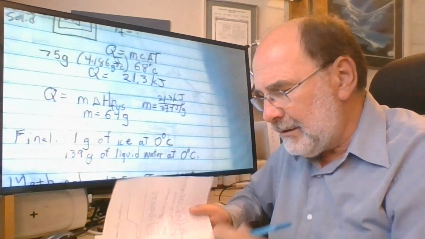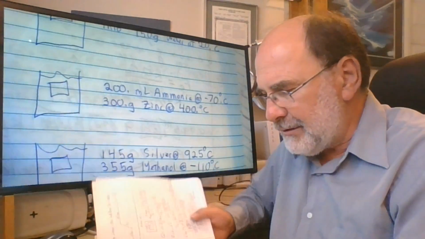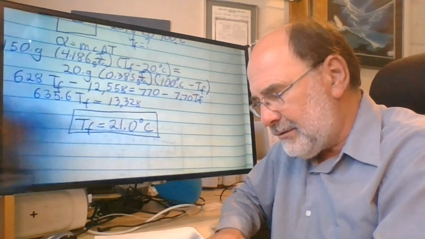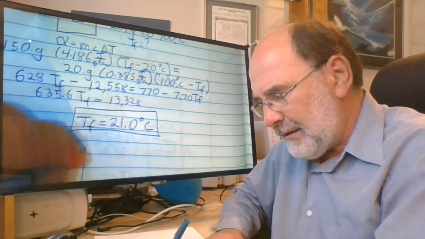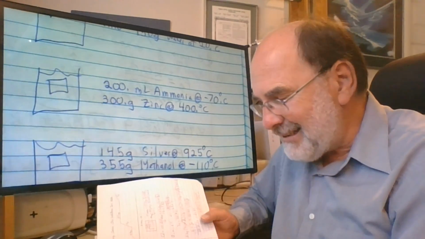Okay, this is fun. Let's do another one. No need to pause since I wrote down 3 of these, right? So here's another one. Let's do this next one. I have 200 milliliters. I'm getting better at this. 200 milliliters of ammonia.